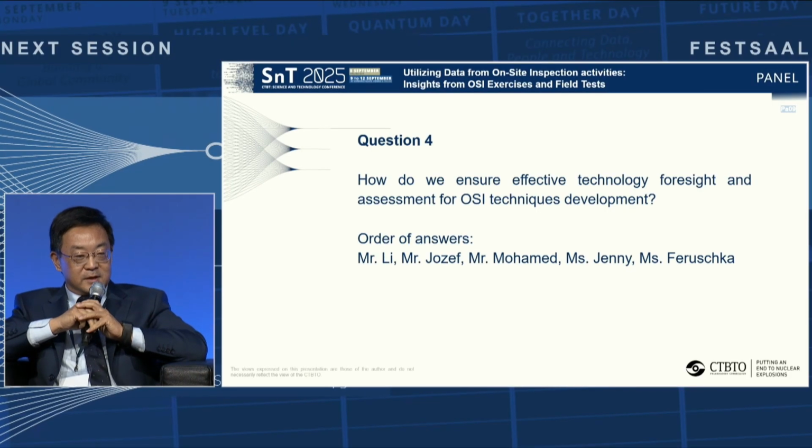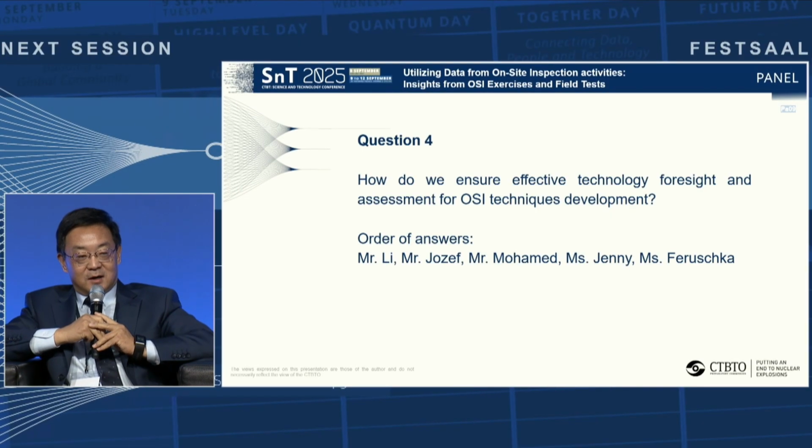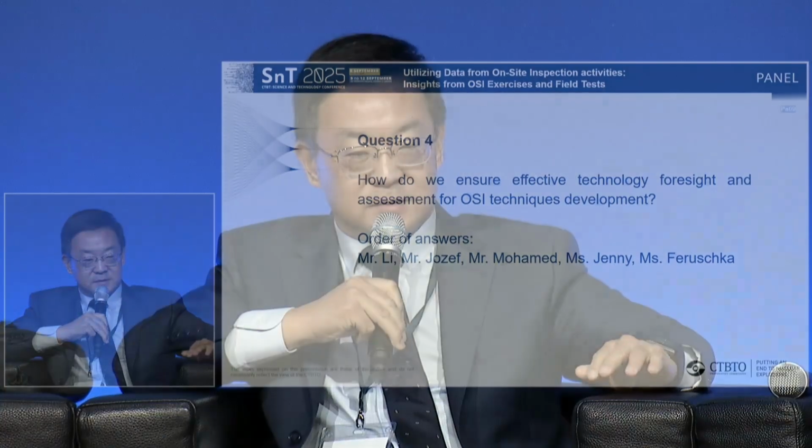Oh, thank you. I can feel exactly the challenge of being the first to answer the question. Okay. So from our past four times participation in the S&T conference, my experience was that you should be aware of the margins of the OSI equipment development. I think this is the most important thing.